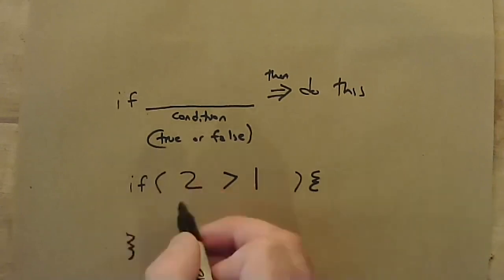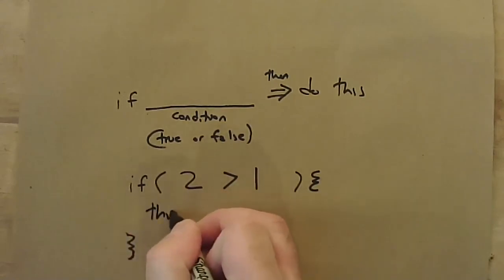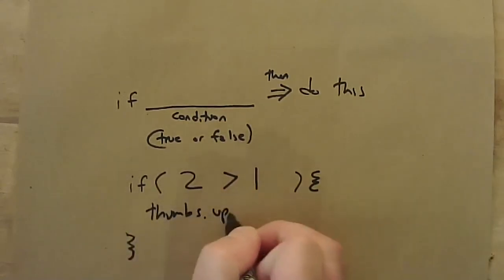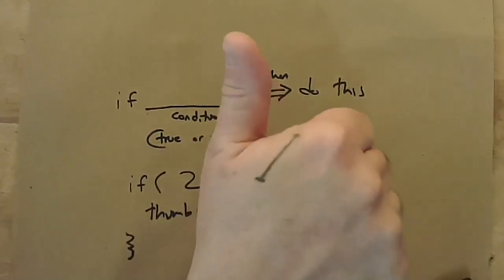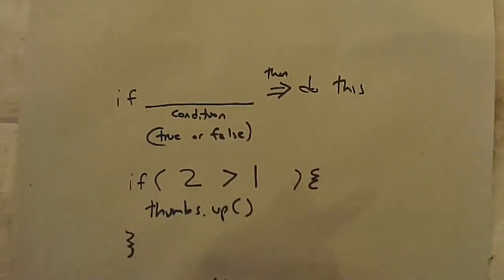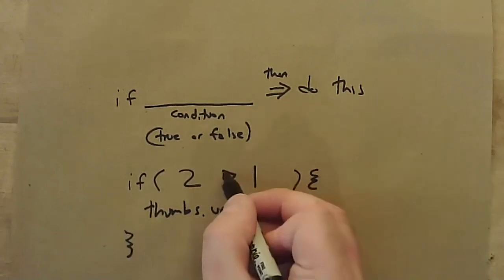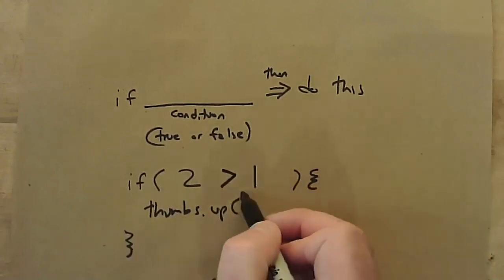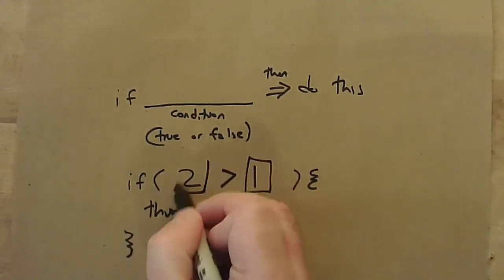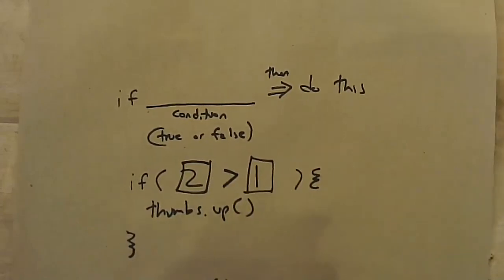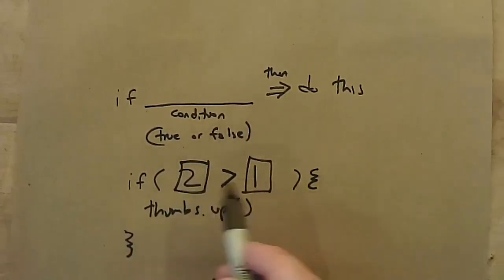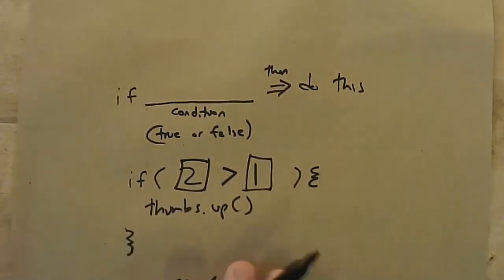We'll say thumbs up. 2 is greater than 1, yes. So we are using this sign to compare two values, right? Now we can replace this with any manner of numbers that we want using any of those comparators.